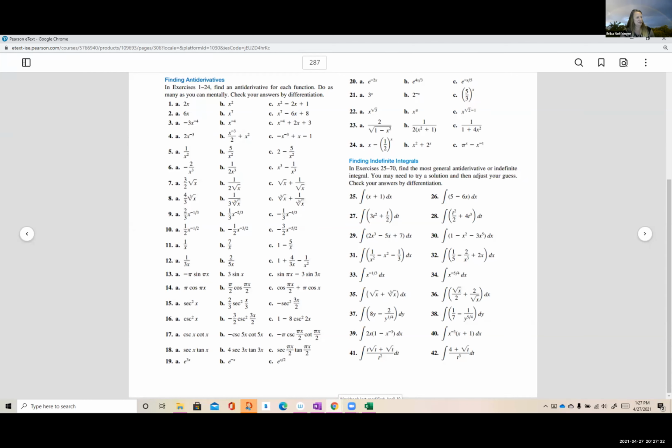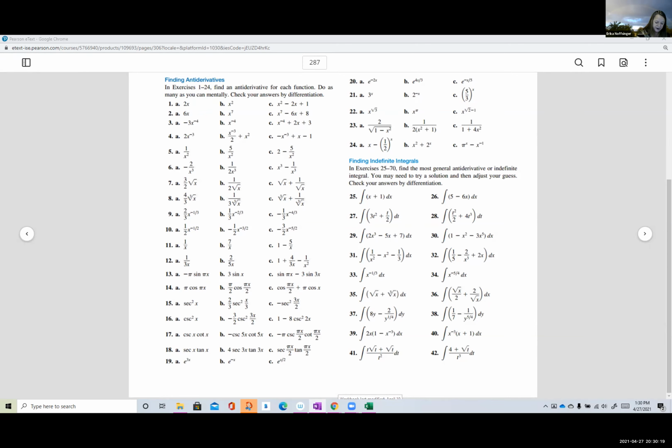I just want you to look at it for a couple of minutes and play with it, and then let's go through and look at some of these. Okay, the first one is 2x. What can we take the antiderivative of to get back 2x?